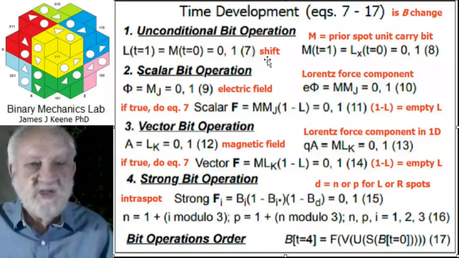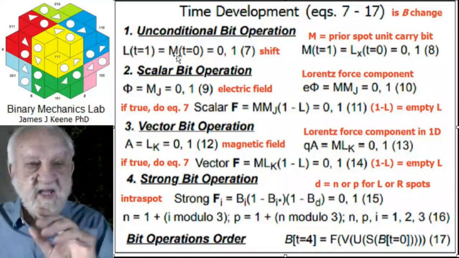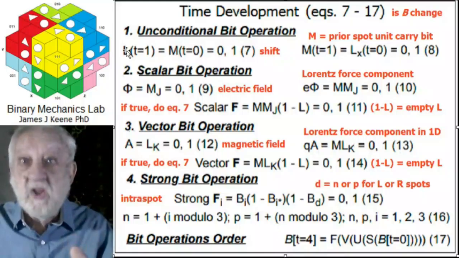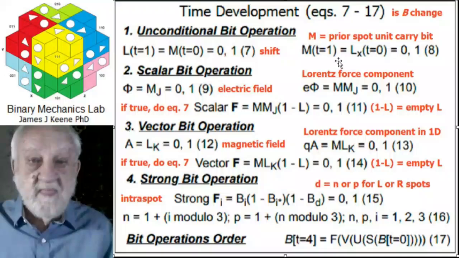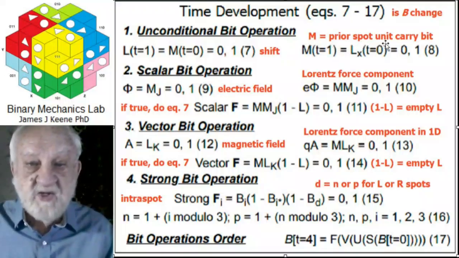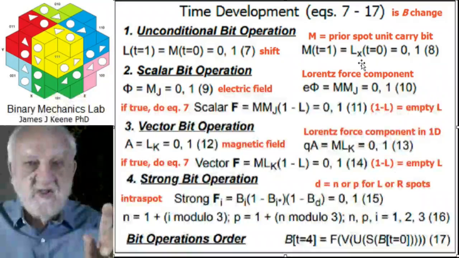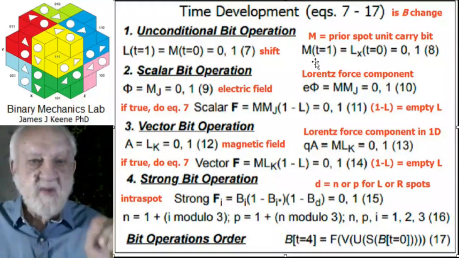It's simply shifting the bits so that within the spot unit, the state of the M loci becomes the state of the L loci. So what happens to the M loci? Well, it equals the prior spot unit carry bit, which is L sub x here, so that the state of that carry bit, L sub x, becomes the state of the M loci in our spot unit.